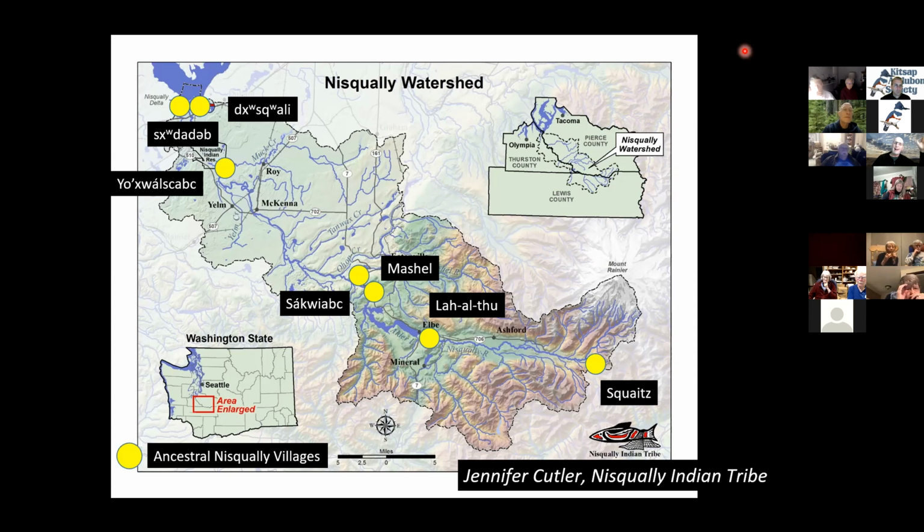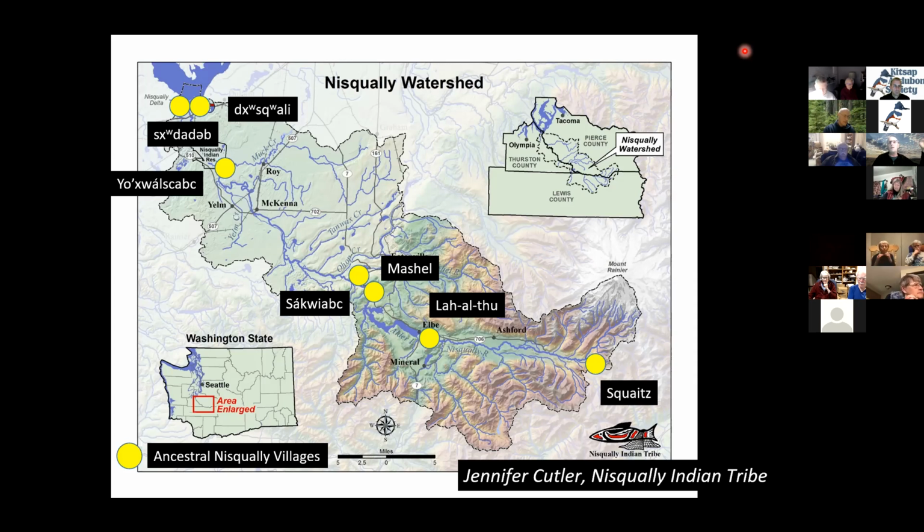And then Swadadab is a word that means something along the lines of medicine or spirit. It might have been a place where people went to get spirit. And if you know the original name of McAllister Creek down there, it was historically called Medicine Creek. So that's probably where the name Medicine Creek came from, was from the village Swadadab. So those are some of the important villages in the watershed, traditionally of the Nisqually people.